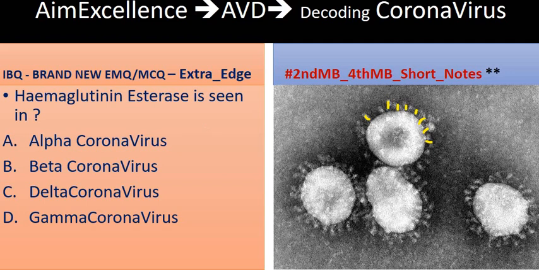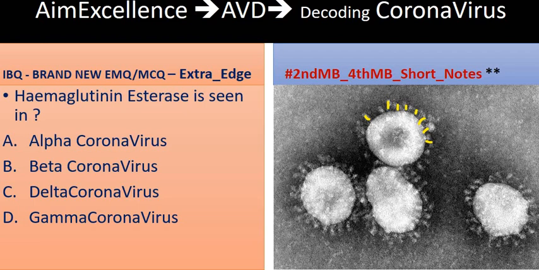There are 4 options given here: alpha coronavirus, beta coronavirus, delta coronavirus and gamma coronavirus. So you understand there are 4 genera of coronavirus. That is very important. You should remember them, because a question in future can ask from any of them. We are going to talk about the important features and aspects of coronavirus, then you will have a pretty clear idea.